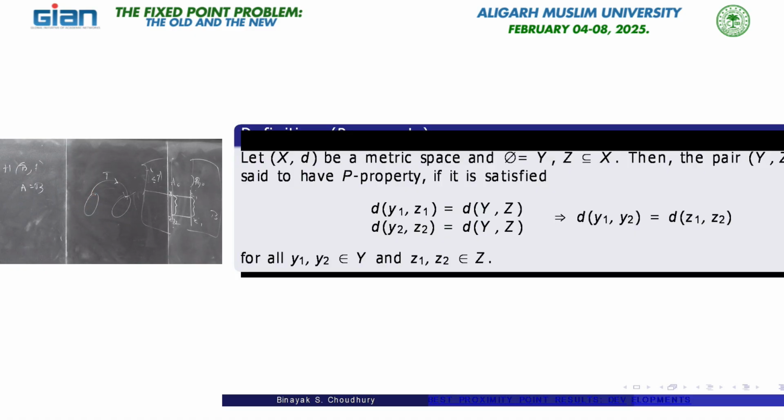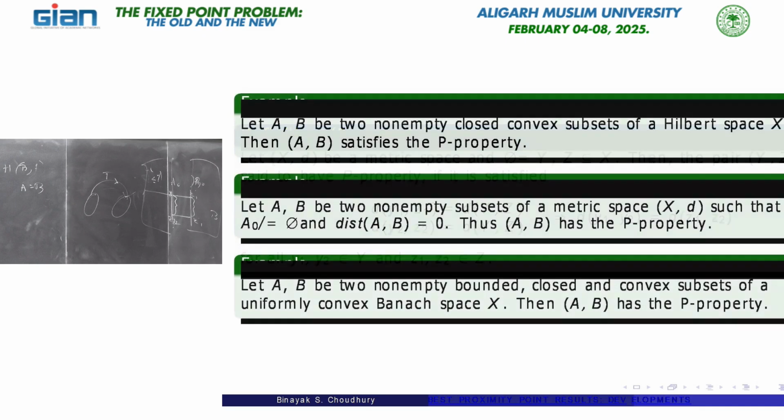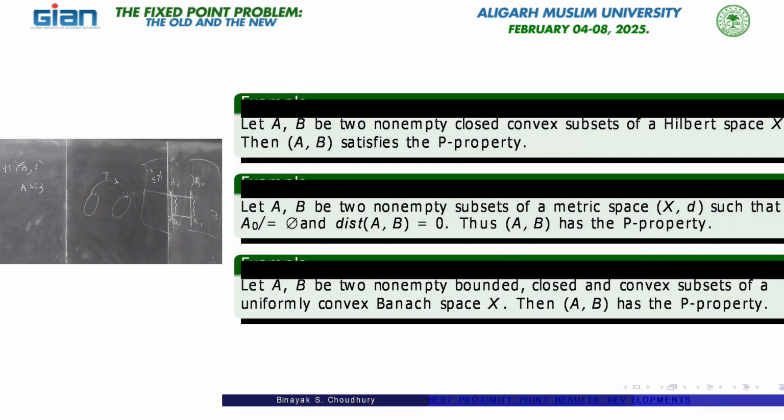It has weaker versions in the literature. I will not go into that much detail. And when the weak P property is satisfied, closed interval AB? This is one. A and B are non-empty bounded closed and convex subsets of a uniformly convex Banach space X. It is automatically satisfied. Another example is the modified P property.